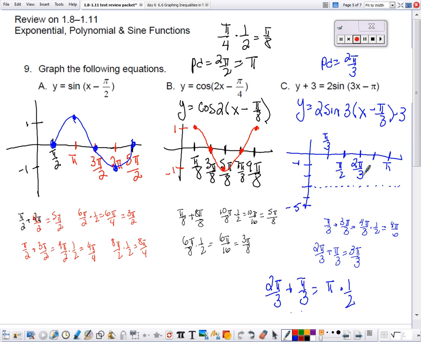And then lastly, 2 pi/3 plus pi is 5 pi/3, but times 1/2, so that's 5 pi/6. And when I go to graph, it's sine, so we start in the middle, maximum, middle, minimum, maximum.